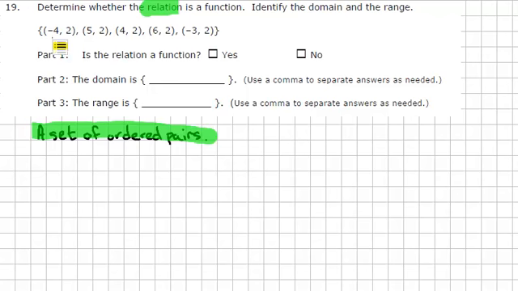So in this problem, our relation is the set that contains the ordered pairs (-4, 2), (5, 2), (4, 2), (6, 2), and (-3, 2).